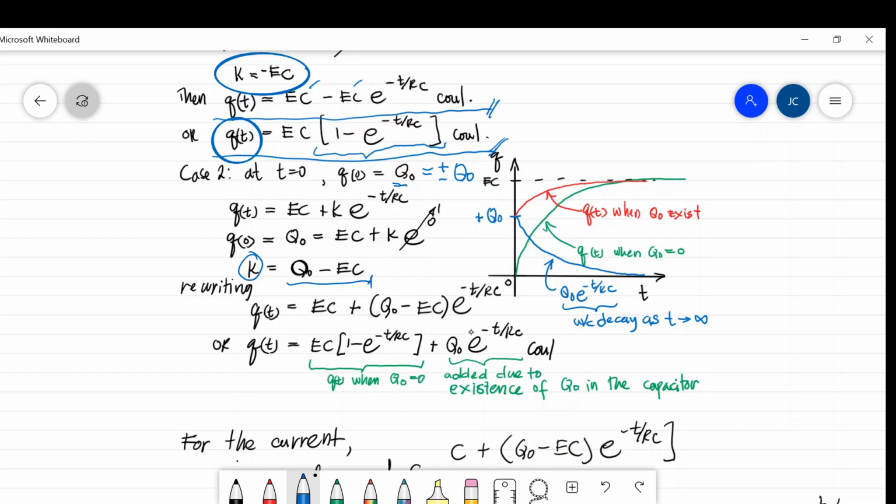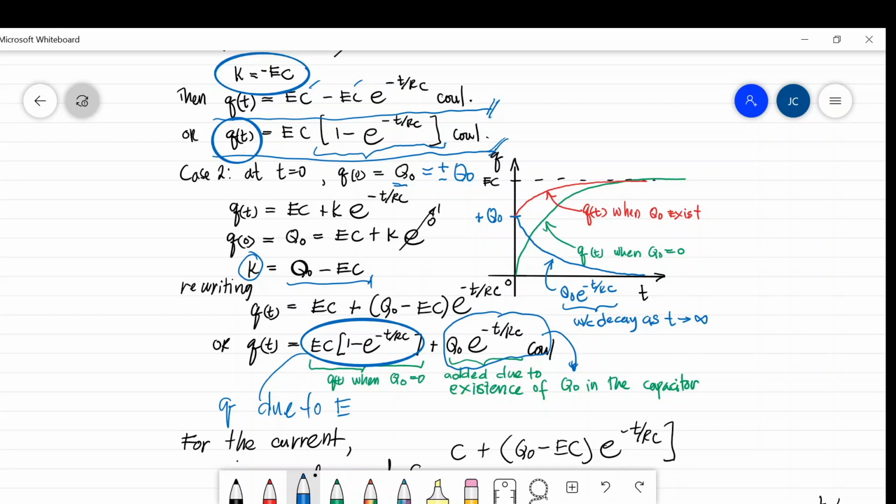Now, when Q sub O exists, there is an additional value of charge that adds to or subtracts from the charge due to the supply. This is Q due to E, and this is the Q due to the existence of Q sub O.